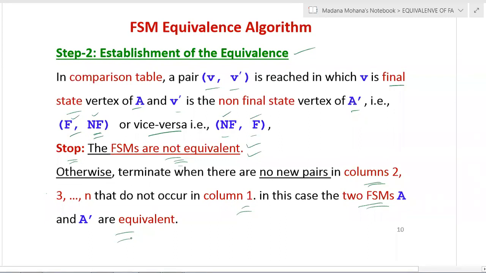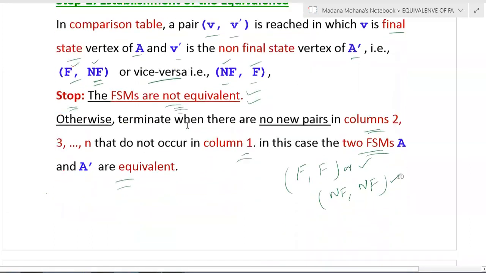Suppose we don't have any such combinations, and we are getting combinations where both are final states or both are non-final states. Then you find all pair values until no new pairs occur in column 1. Finally you stop. The two FSMs are equivalent in this case. So this is the conclusion after constructing the comparison table.